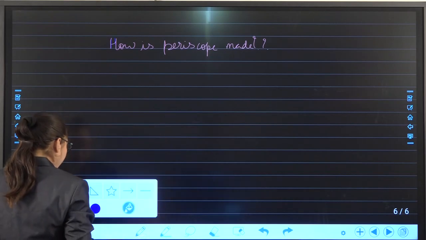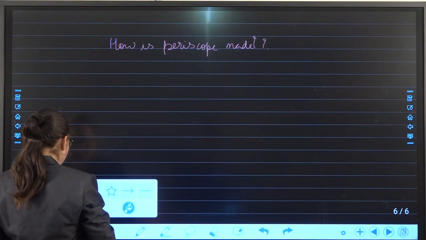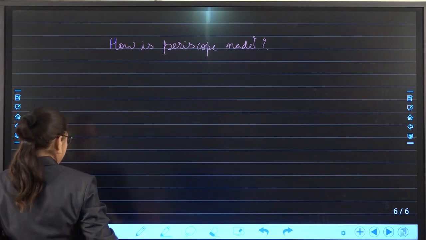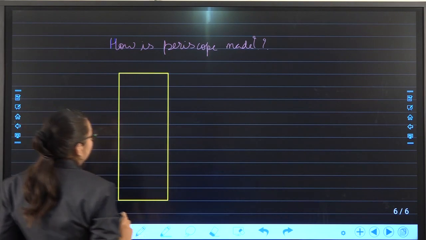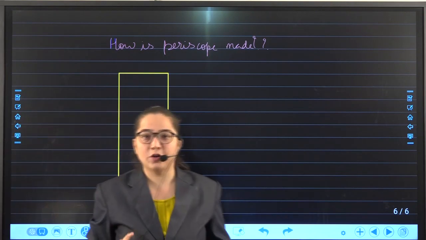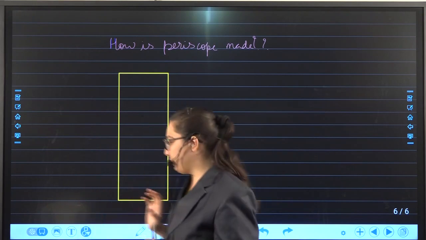First of all, you need to take a cardboard, a very long cardboard piece.